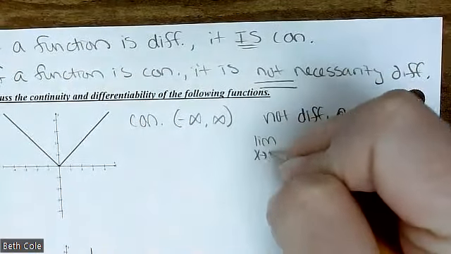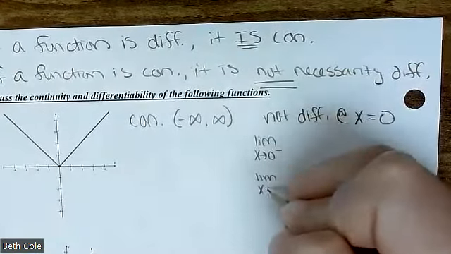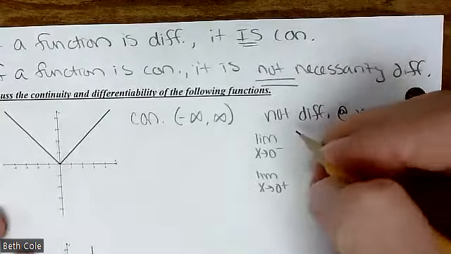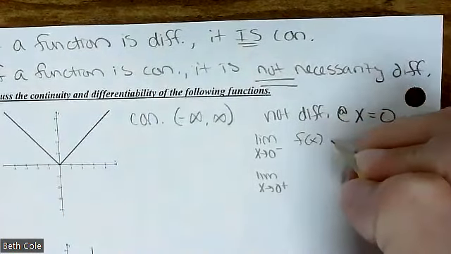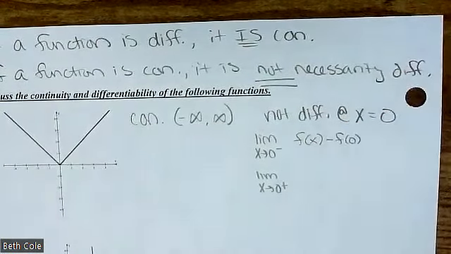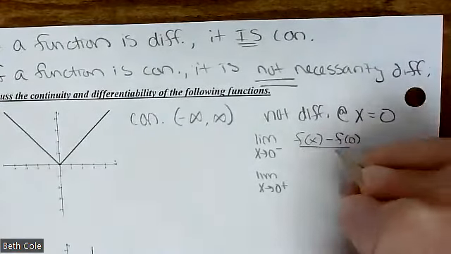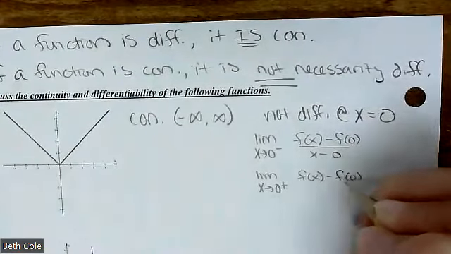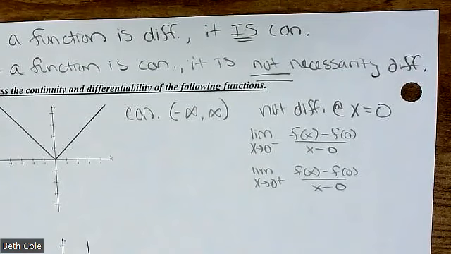So limit as x goes to 0 from the left, limit as x goes to 0 from the right, and it should look like a slope: y2 minus y1 over x2 minus x1. So it's going to be f of x minus f of 0 over x minus 0. And that's what you can just write for both of them. It's just a definition. That's how that formula looks.